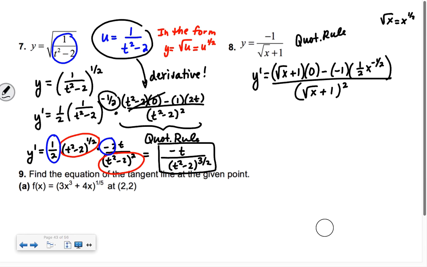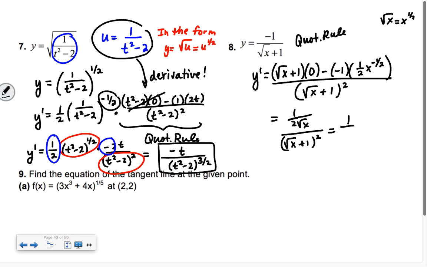So I think the only thing I would do here is simplify the top. So I get positive 1, and then I have 1/2, and it's 1 over square root of x. So I'm going to do 1 over 2 root x divided by square root of x plus 1 squared. I probably wouldn't leave that as a fraction within a fraction. You guys are going to get good at doing these fractions within fractions.